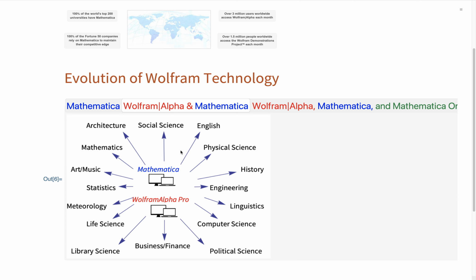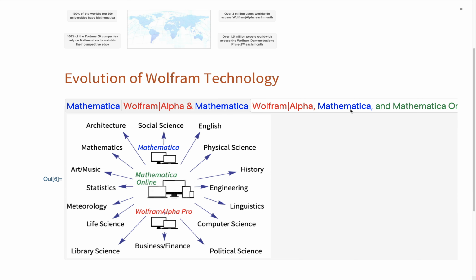It is one of the most complex and ambitious software projects of all time and a major intellectual and technological achievement. And now with Mathematica Online, we are now deployable on phones, tablets, and all other types of devices with browsing capability.